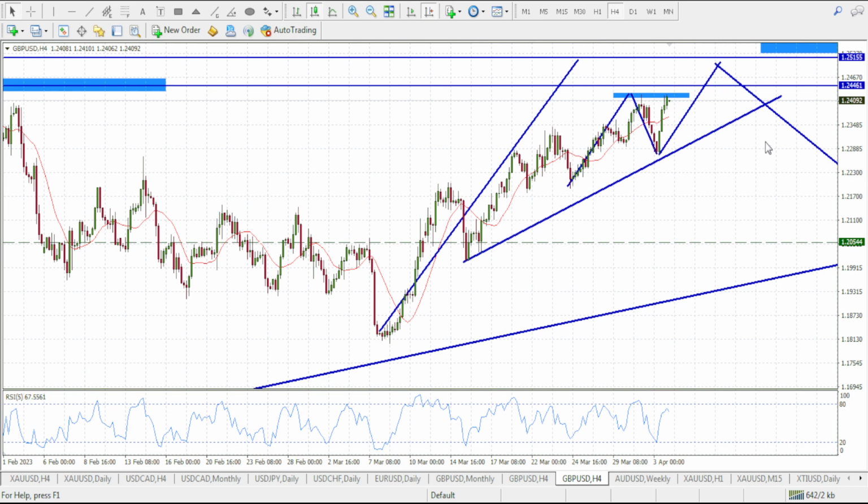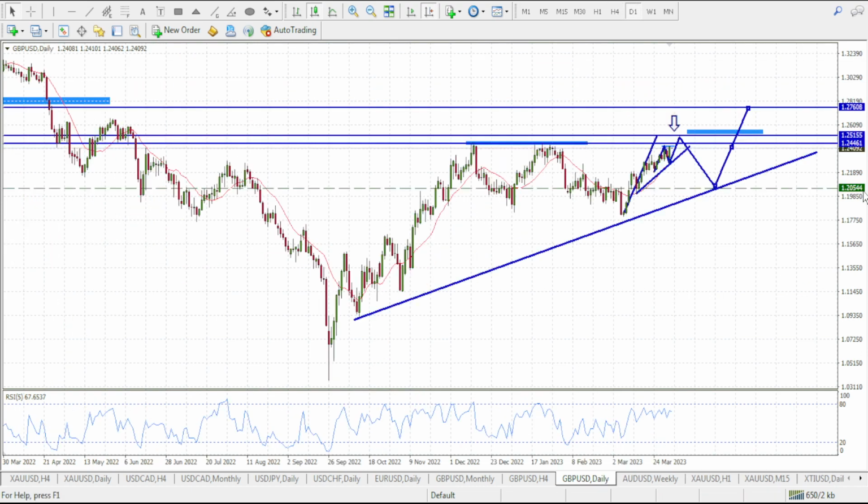Excuse me. So I see a potential of around 100 pips right here. 100 pips. And this is obviously for sure an uptrend.